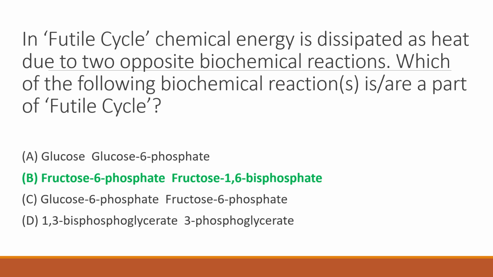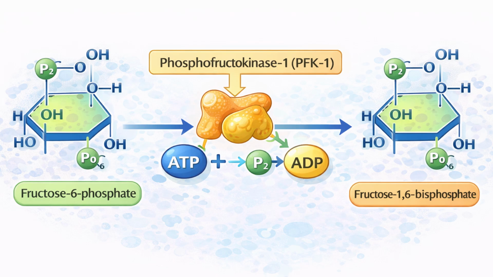So here I gave some explanations. First we will see the four options: glucose, glucose 6-phosphate, fructose 6-phosphate, fructose 1,6-bisphosphate, glucose 6-phosphate, fructose 6-phosphate, 1,3-bisphosphoglycerate, 3-phosphoglycerate. Before you answer this question, you must again remember the glycolysis cycle. See here, fructose 6-phosphate becomes fructose 1,6-bisphosphate.